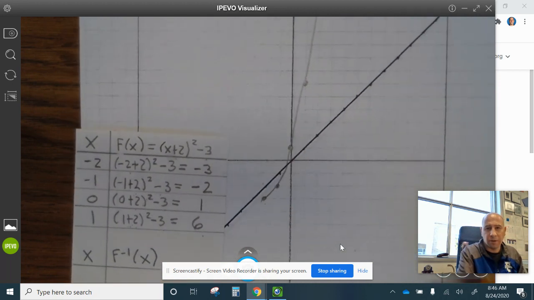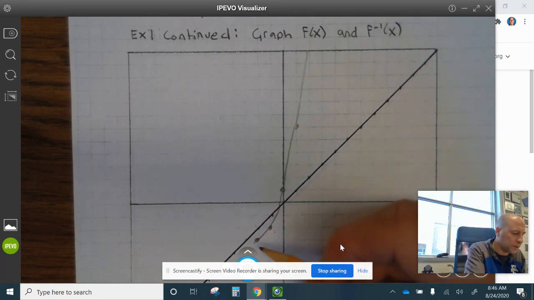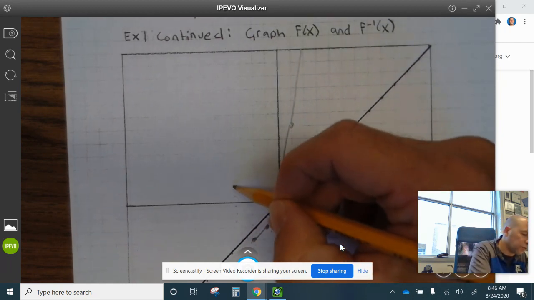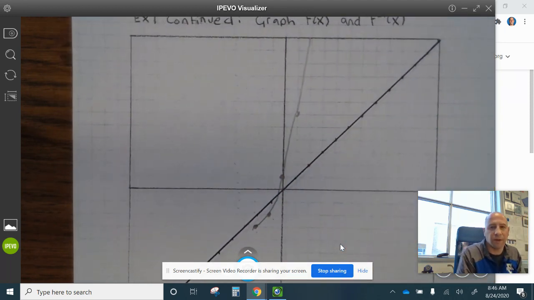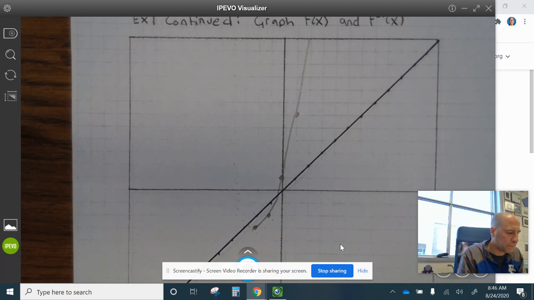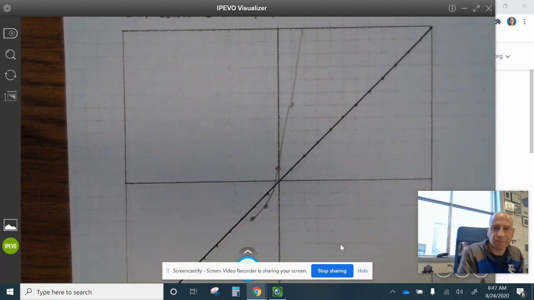Okay. Now, one thing special about when you're doing inverses with the quadratic is you only graph the positive side of the graph. Okay. Normally there's this portion of the quadratic, but we ignore that when we're working with inverses of quadratics. Okay. You'll notice I've graphed the f of x equals x line.